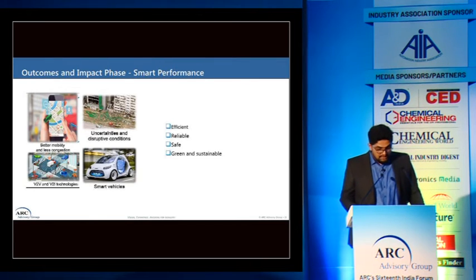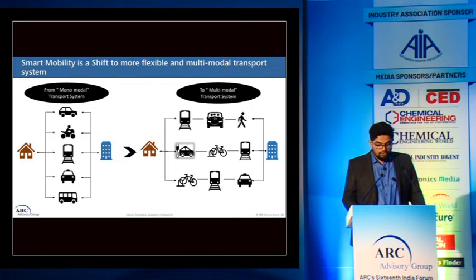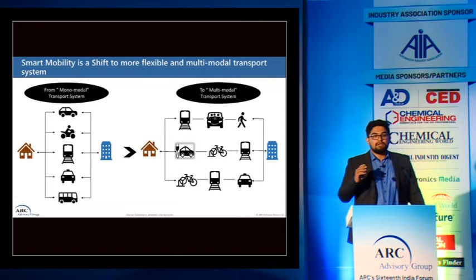Once the 3 phases are developed in smart mobility, it is expected to move to a more flexible and multi-modal transport system. Now we follow a mono-modal transport system. For example, if we are traveling to our office every day, we'll be using one mode. If you use Google Maps to search the location of your office, it will show just driving by car, 30 minutes to your office. So we'll be using only one mode of transportation.